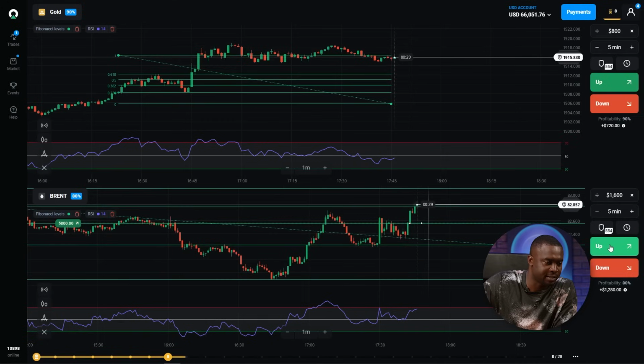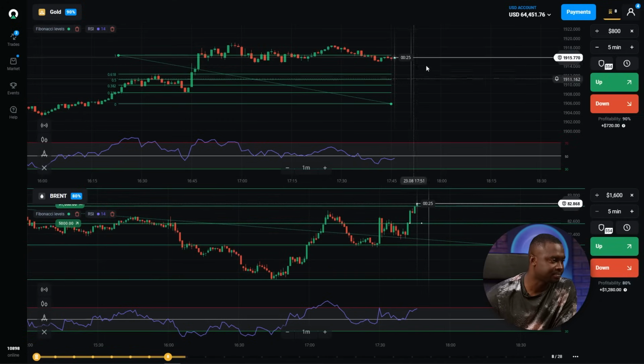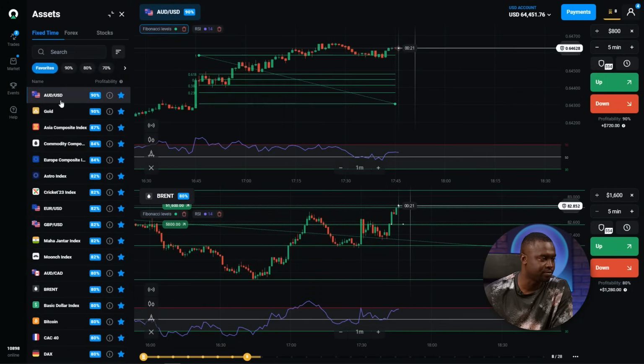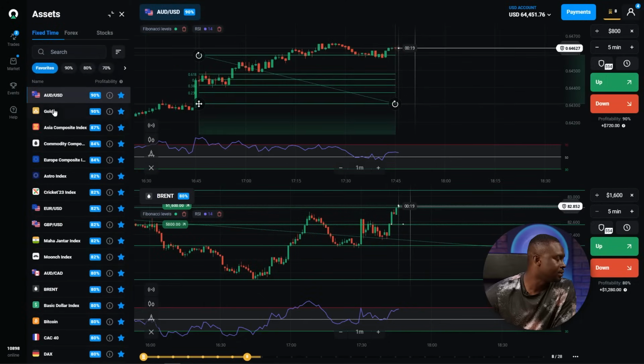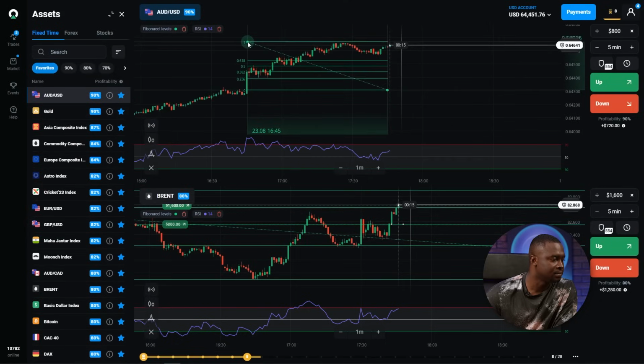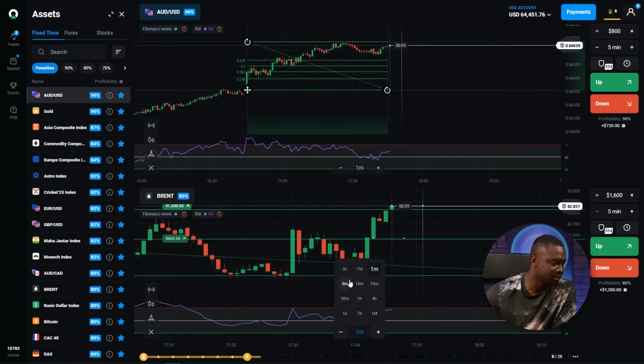So once we've tested, why don't I move another step up on gold? Let's move back. Still consolidating. On Brent, very good movement, pretty solid.